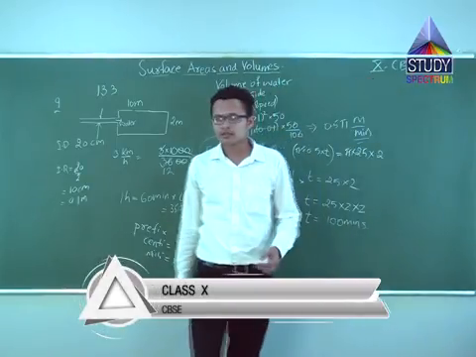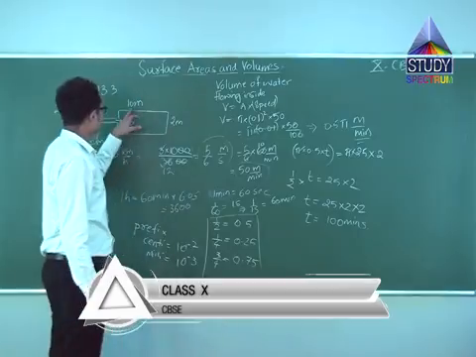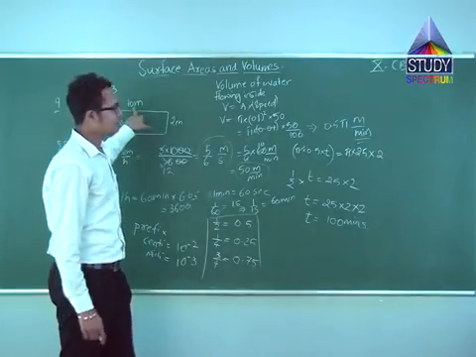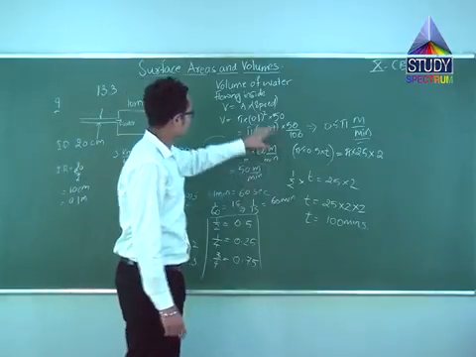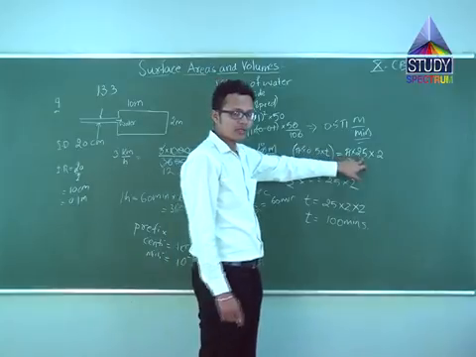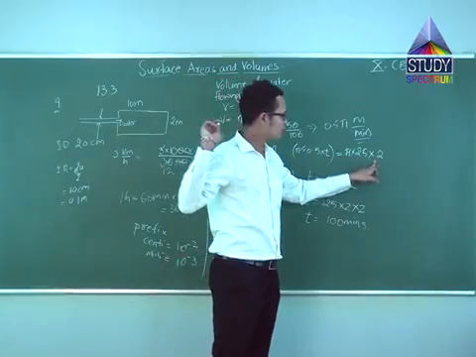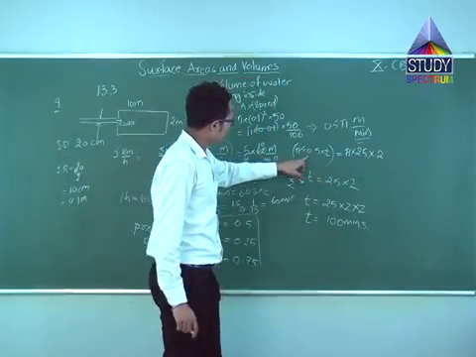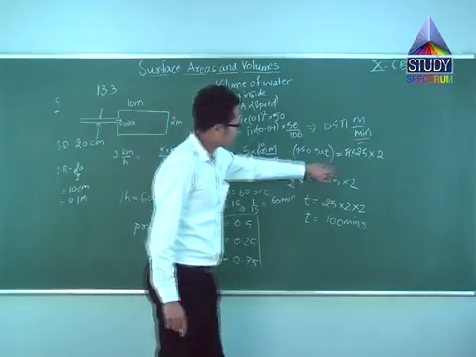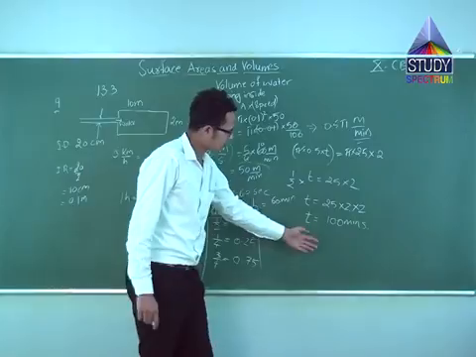R is half of the diameter, half the diameter is 5, so 5 square is 25. That is pi r square into h, where the depth is 2 meters. So therefore you have 1 by 2, and then 25 taken off, and then t is equal to 100 minutes.